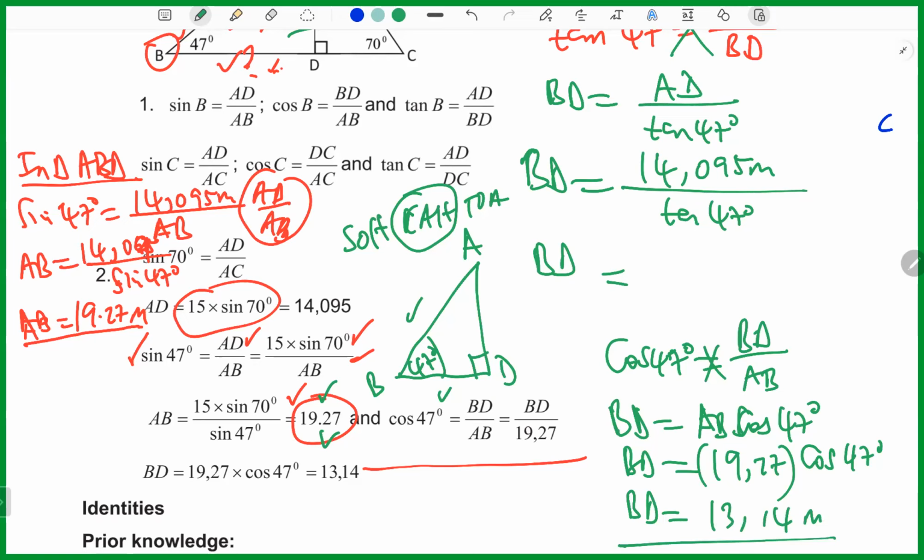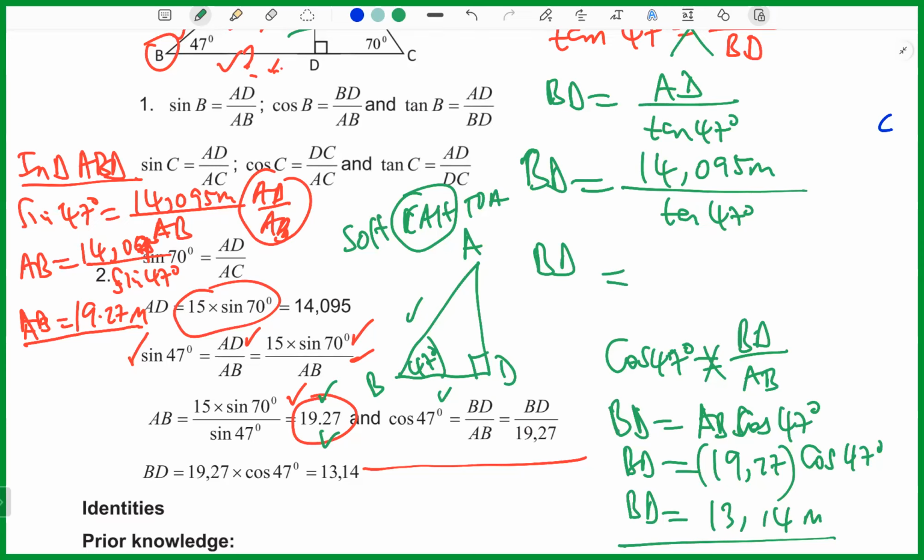But now I want to mention something here about the following. Just note a couple of things here. So we shall have, for instance, 14.095 divided by the tangent.